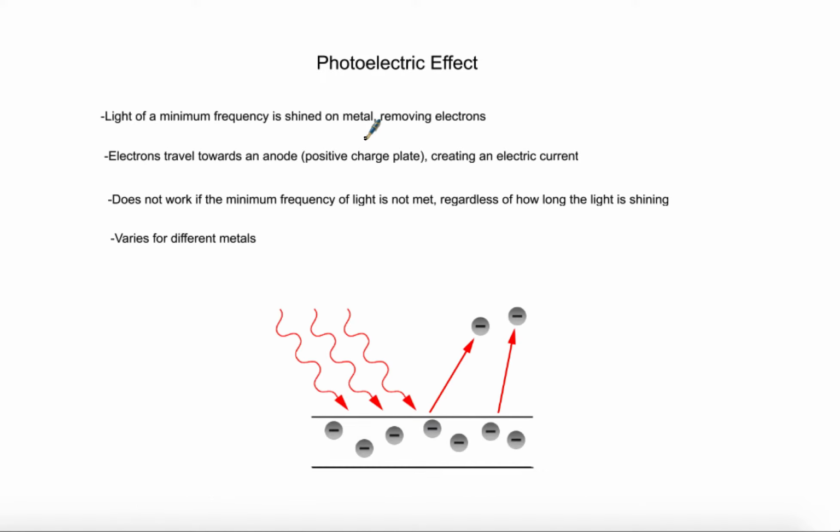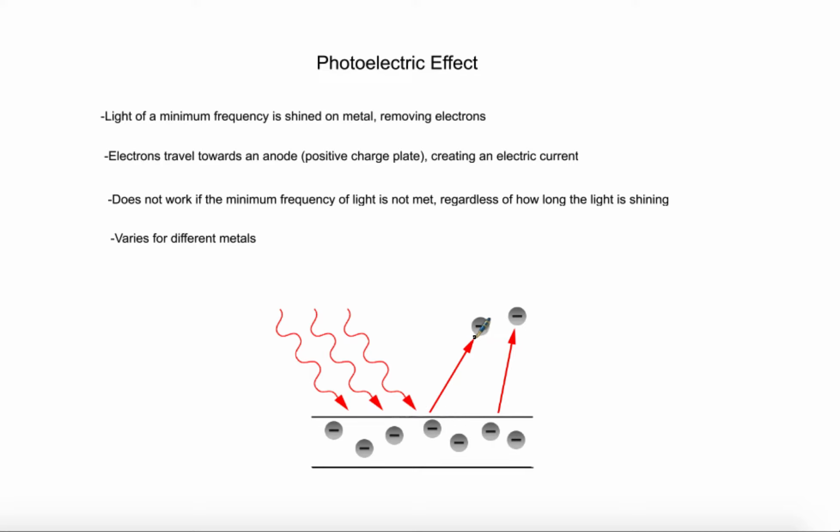So getting into what's called the photoelectric effect, this is where we really began to study light as different than just being a wave or energy. In the photoelectric effect, light basically requires a minimum frequency to remove electrons from the surface of a metal. So what happens is you shine light on some metal. If the frequency reaches a minimum required, it can actually eject electrons.